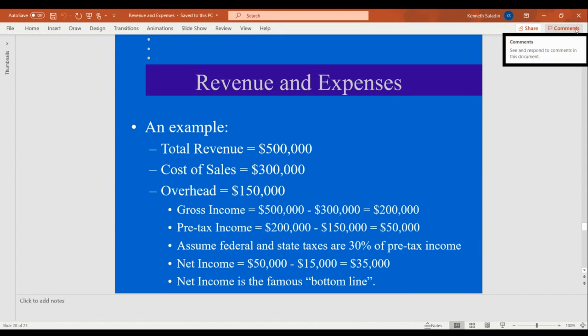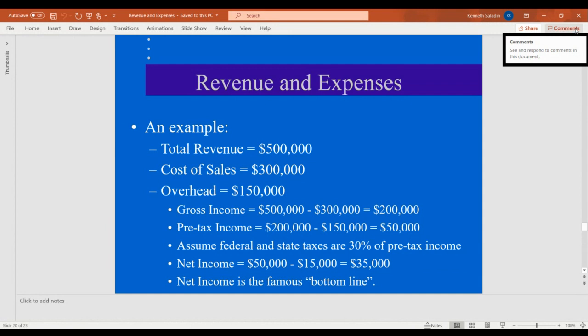Now imagine that this hypothetical company has a cost of sales equal to $300,000. So in other words, in order to create that $500,000 worth of product, the company has to spend $300,000.